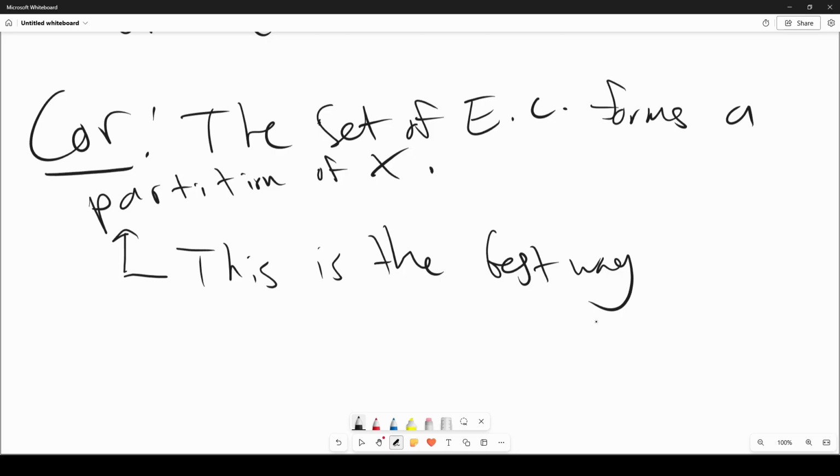Because an equivalence relation is basically just a way of taking a set X, which I'm going to draw by this blob, and grouping it up, basically just splitting it into parts and calling each of these equivalence classes. And then you imagine any elements in these equivalence classes are just equal to each other by the equivalence relation.